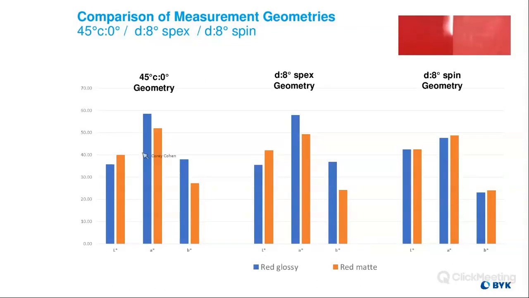And so it's not just seeing the glossy side as darker, it's seeing it as more chromatic, which again matches with what we see visually. We're going to get similar results with the specs geometry, but again with the D8 spin, it does not care about that surface gloss. It knows that the pigmentation is the same, and that's how it's going to measure it.